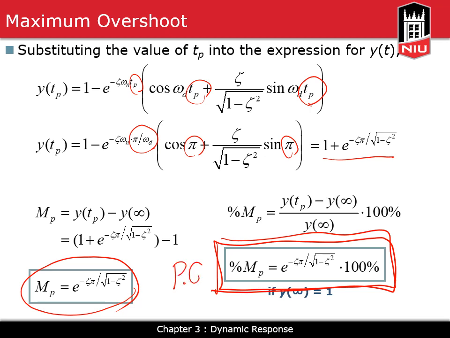Sometimes we refer to that as PO, percent overshoot: e to the power of negative zeta pi over square root of 1 minus zeta squared, times 100%. This formula is valid when the final value of our response is 1, because as you remember, we subtracted 1 from the final value. If we have a case where the final value is not 1, the equation will slightly change. But in most of our applications, the final value will be 1, and you can directly use this formula.